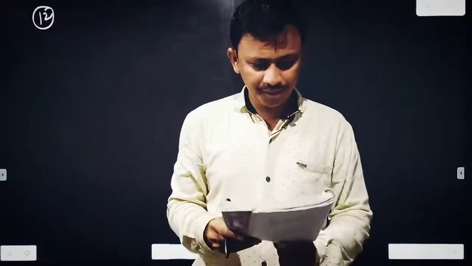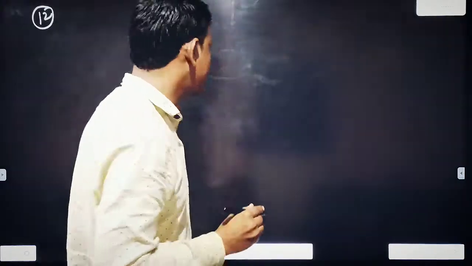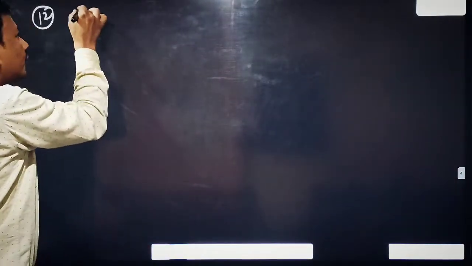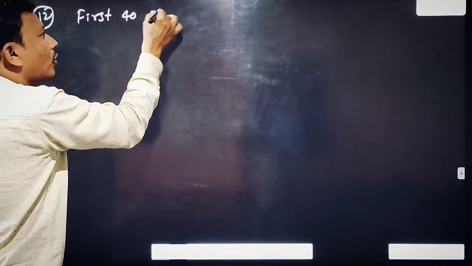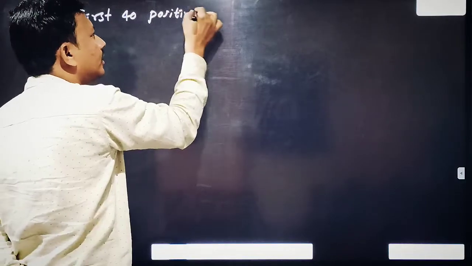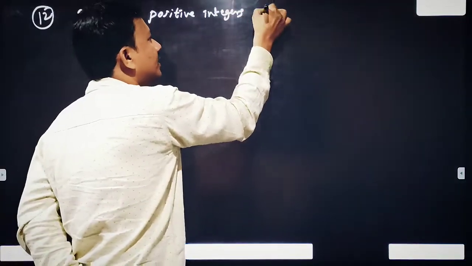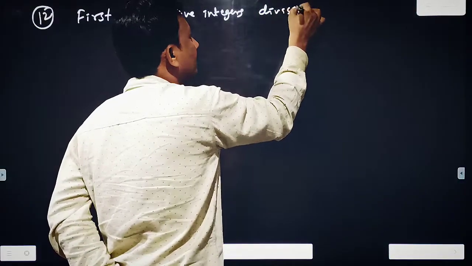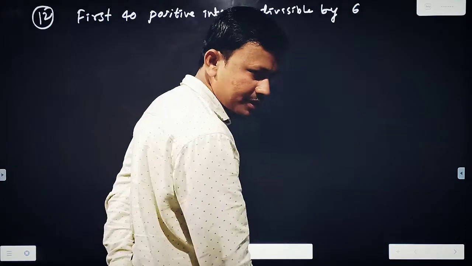Check it out. The question is, find the sum of first 40 positive integers divisible by 6. Correct?